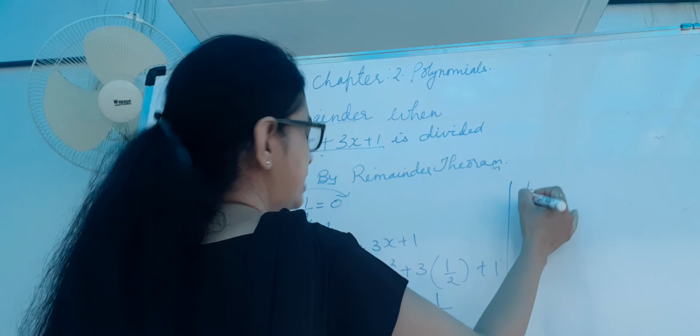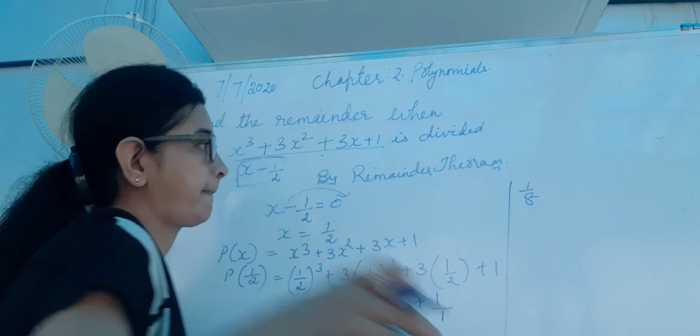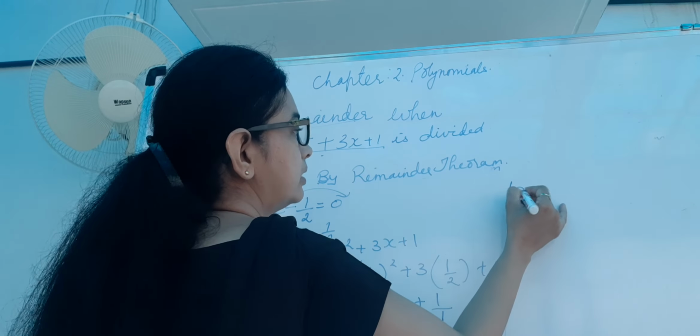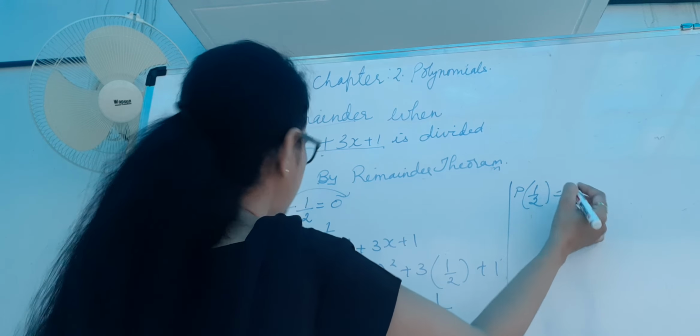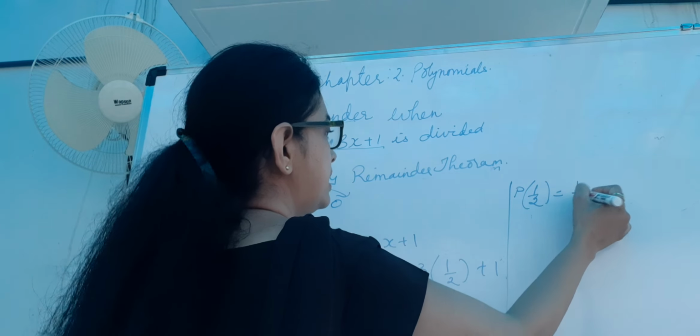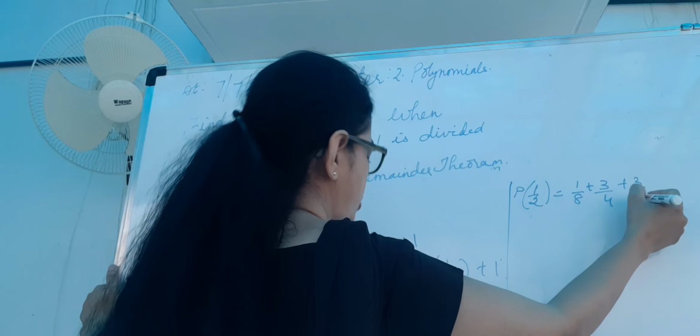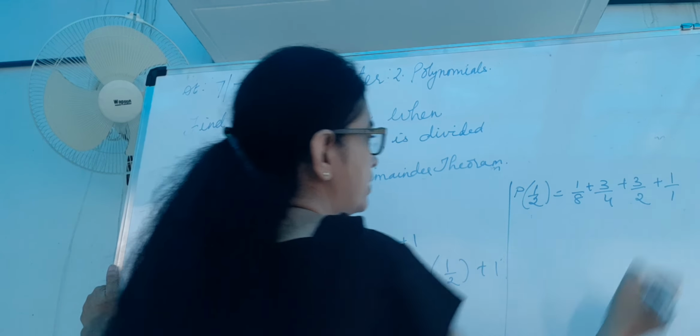Let me write once again. What did we get? P of half is equal to 1 by 8 plus 3 upon 4 plus 3 upon 2 plus 1 upon 1.